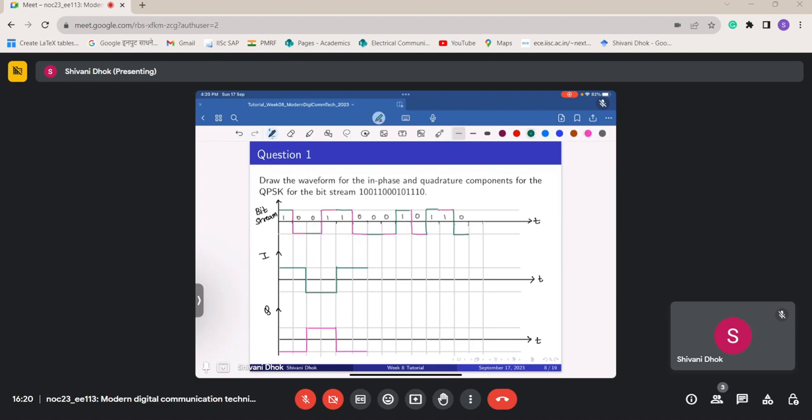Now, after this 0, we have a 0 here, but this 0 will contribute in the in-phase component. So we have it something like this. And after that, again we have a 0. However, that will go in my quadrature component, so it will go here.